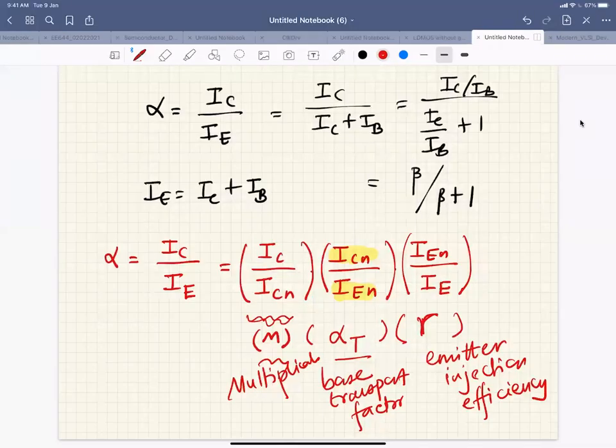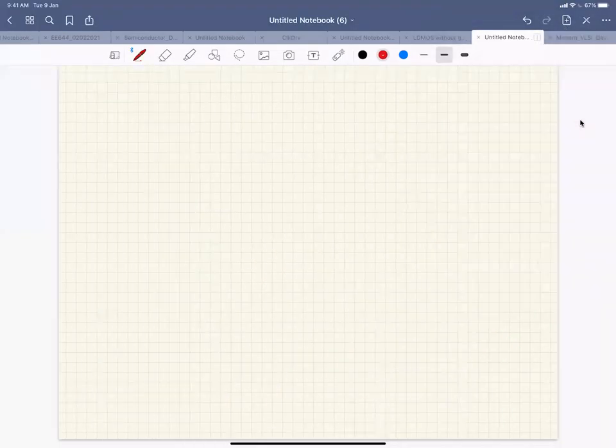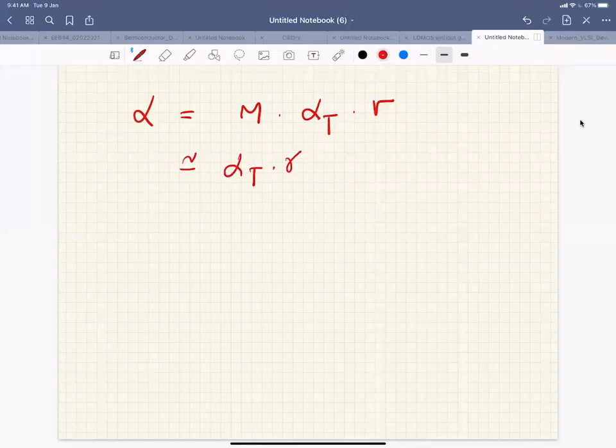Now I can write alpha as M, the multiplication, times the base transport factor, times the emitter injection efficiency gamma. In most cases you will see this written as alpha t into gamma, because in normal operation M is almost 1; we are not applying a very high reverse bias across the collector base junction.